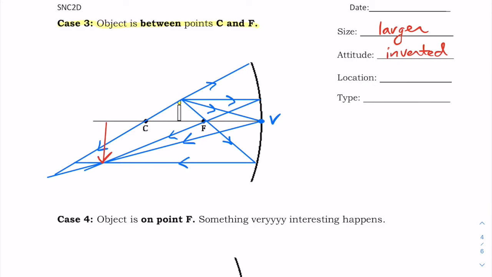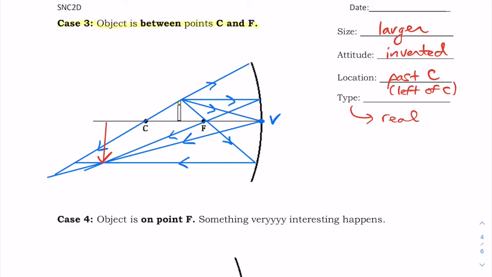Notice now that the image is past C. And when we say past C, we mean to the left of C. And finally, this is also a real image. So those are the properties of images formed whenever the object is between C and F.